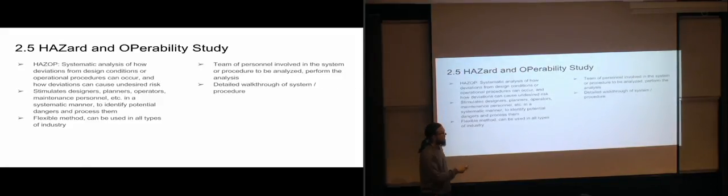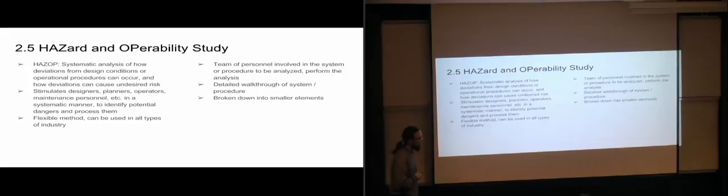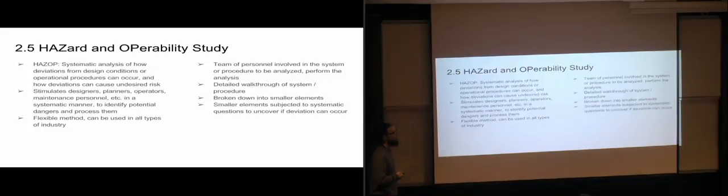It starts off with a detailed walkthrough of the system or the procedure that you're going through. Then everything is broken down into smaller elements so that you can analyze each element. These smaller elements are subjected to systematic questioning in order to uncover if any deviation can occur.